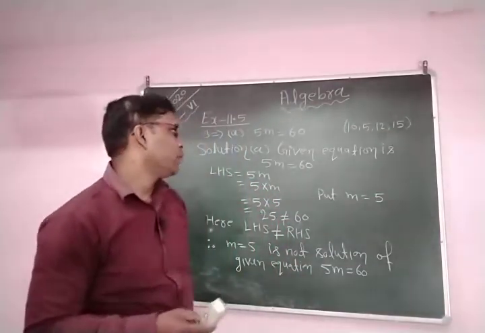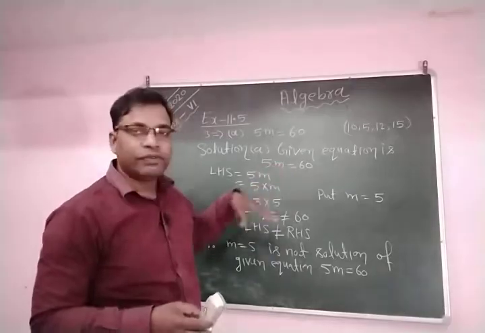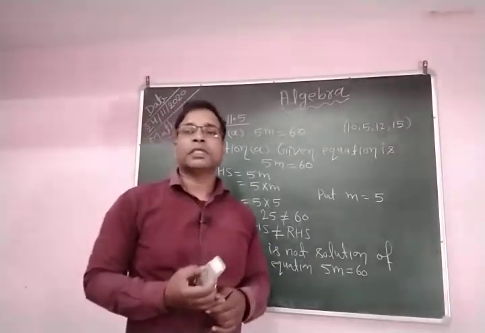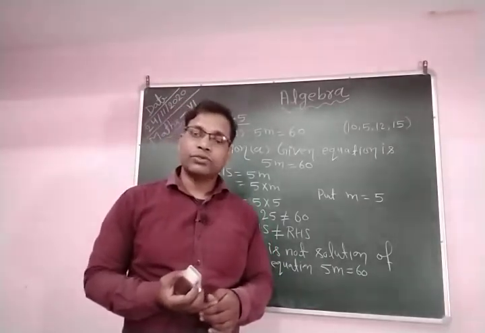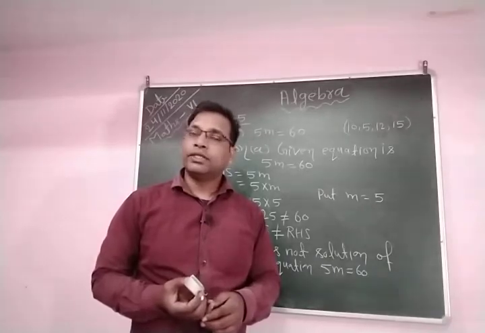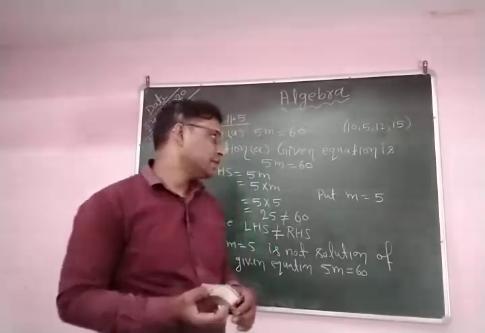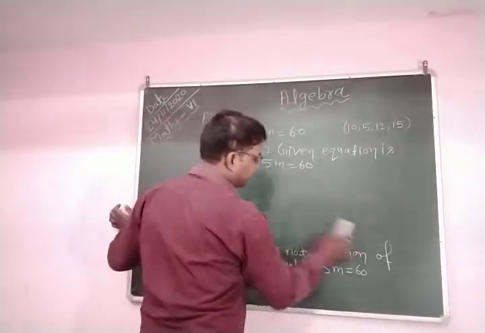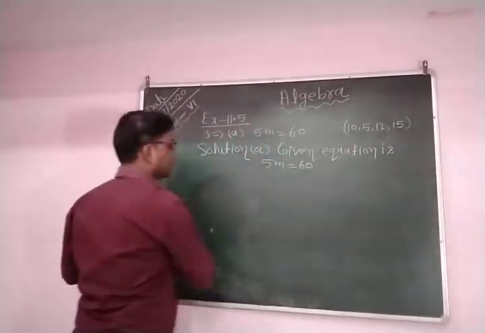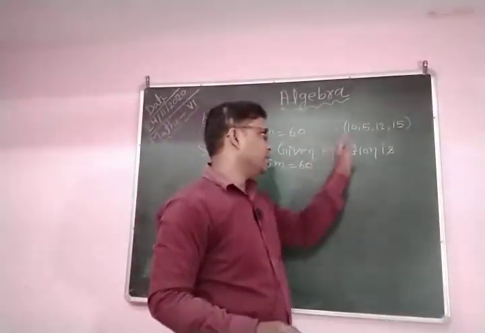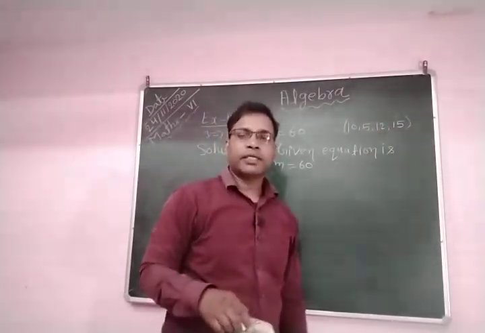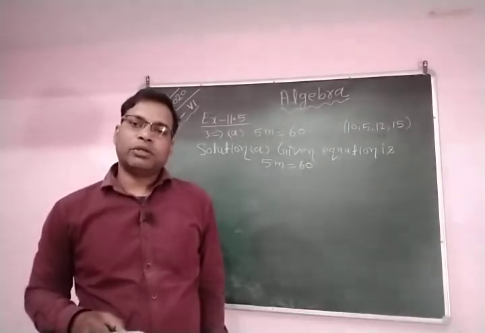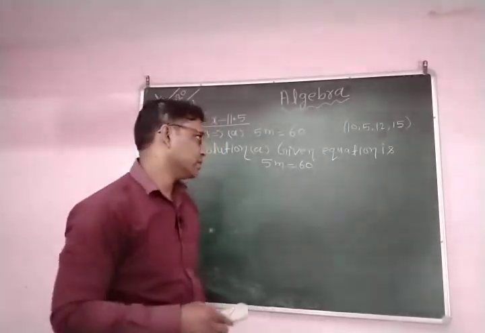If you put m equal to 12 in the left hand side and you get the right hand side, 60, then the left hand side is equal to the right hand side, so m equal to 12 is the solution of the given equation. This method is called the trial and error method. We put in the given values one by one, and if the left hand side is equal to the right hand side, then that value is the solution of the given equation.